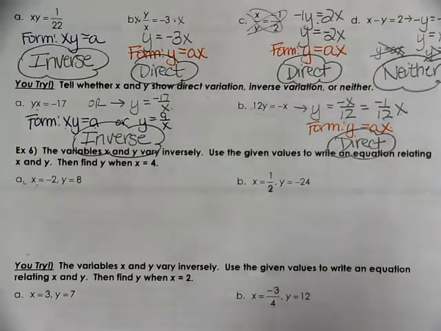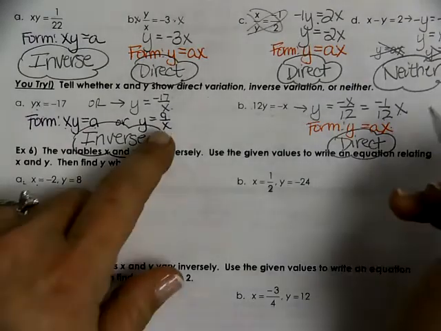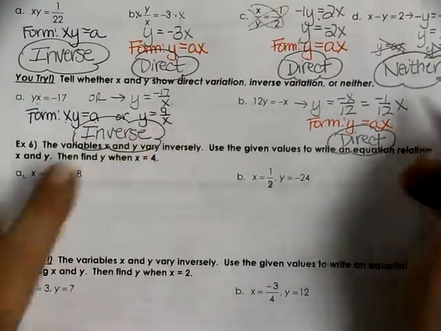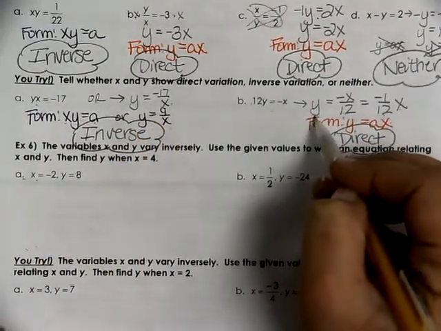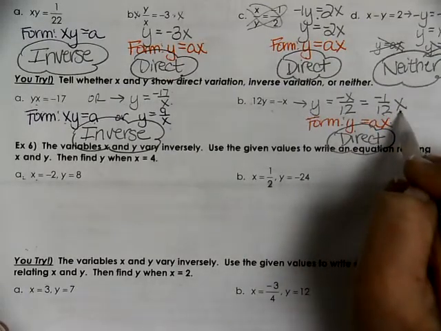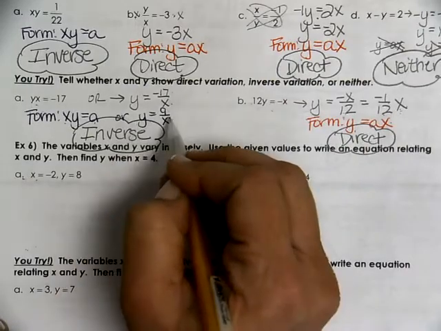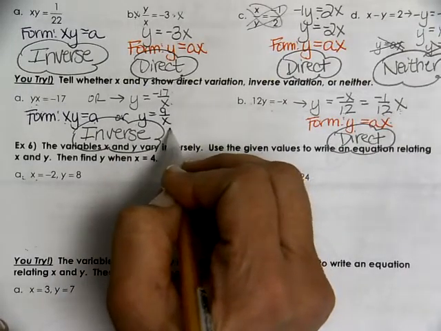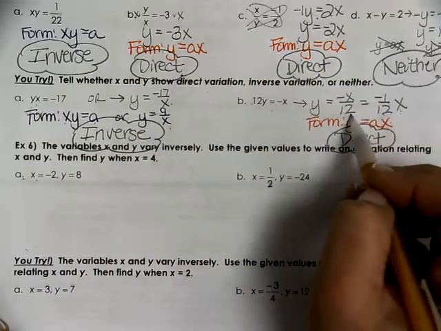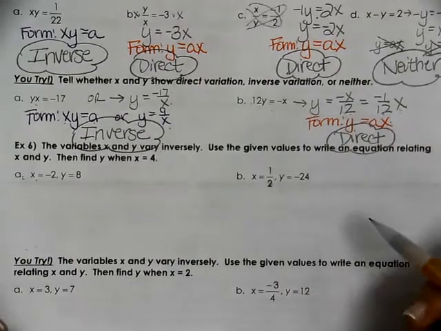So you really have to think about where your constant is, and if y is isolated, where x is. If y is isolated and you're multiplying by x, it's direct. If y is isolated and you're dividing by x, it's inverse. Notice here we were dividing but not by x, so it's direct.